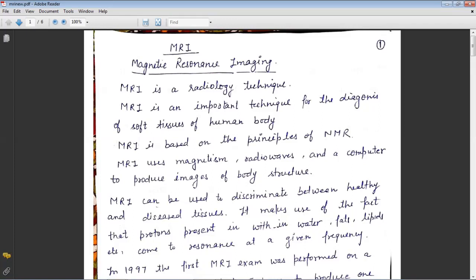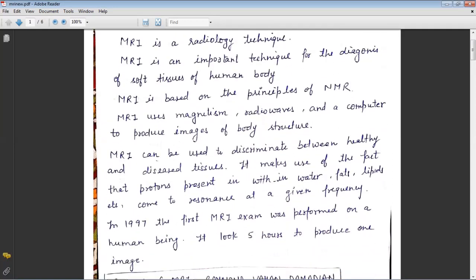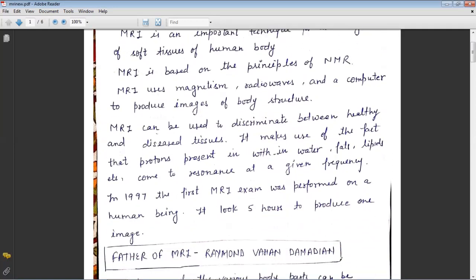MRI is an important technique for the diagnosis of soft tissues of the human body. It uses magnetism, radio waves, and a computer to produce images of the body structure. Now MRI can be used to discriminate between healthy and diseased tissue.